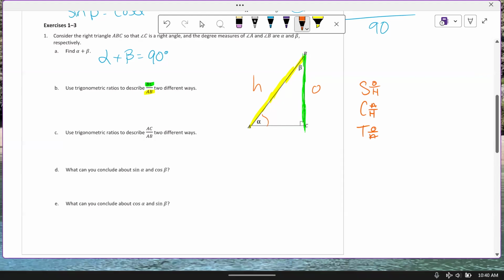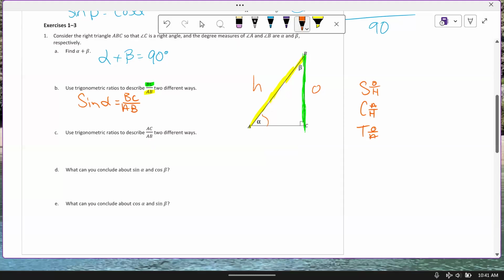It should be scattered next to every problem. Opposite over hypotenuse, that would be sine. So we would have sine of alpha equals BC over AB.